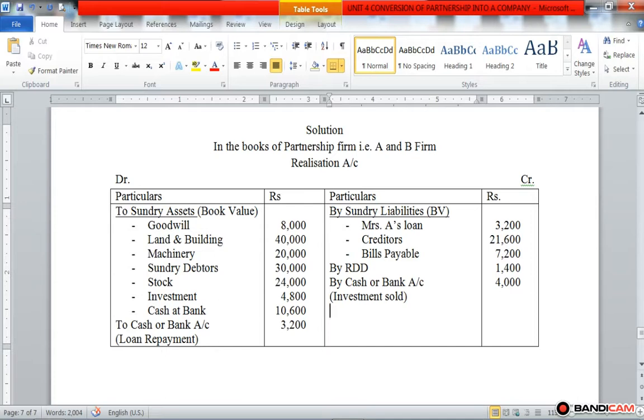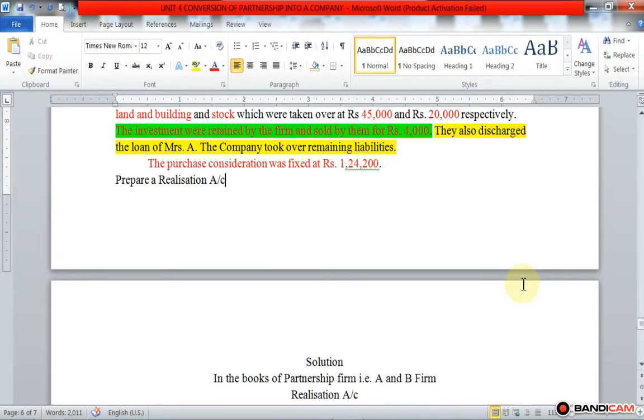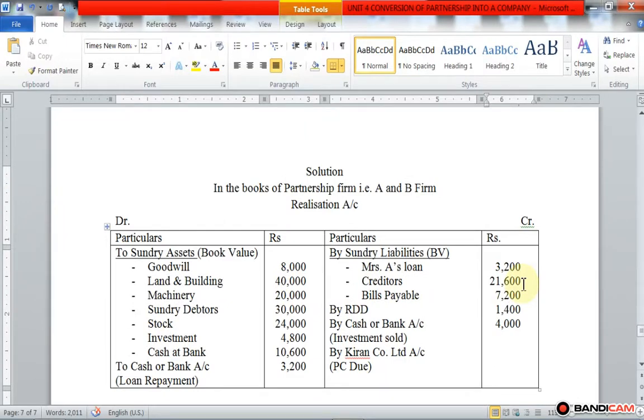So the entry will be Kiran Company Limited account debit, to realization account (PC means purchase consideration, PC due), amounting to rupees 1,24,200.